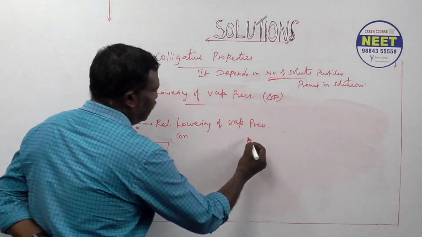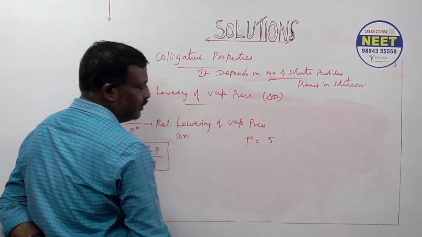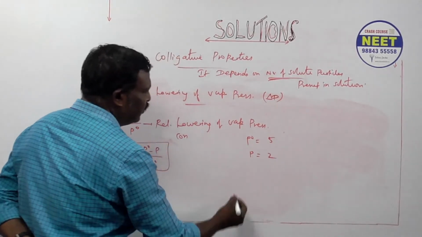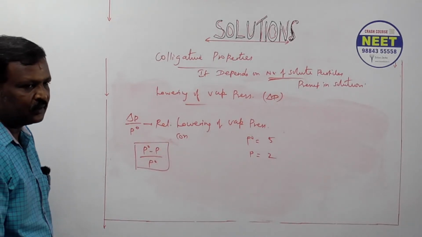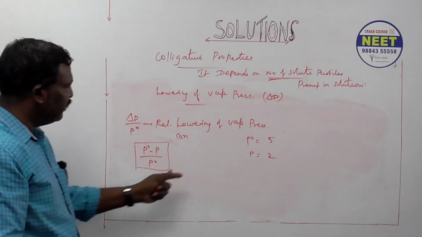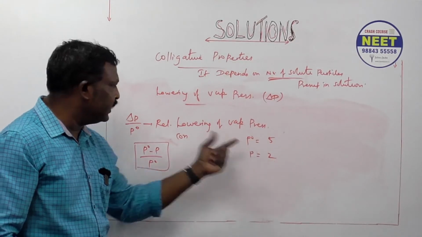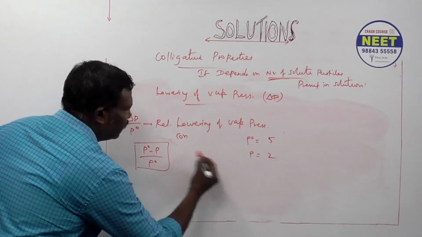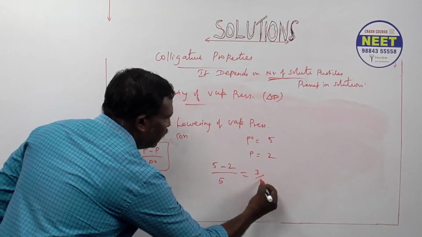Suppose P naught is, for example, 5, and P is 2. Find out the relative lowering of vapor pressure. They'll ask like this: vapor pressure of solvent is 5, vapor pressure of the solution is 2, find out the relative lowering of vapor pressure. How to apply? 5 minus 2 by again 5, so 3 by 5. Understood?